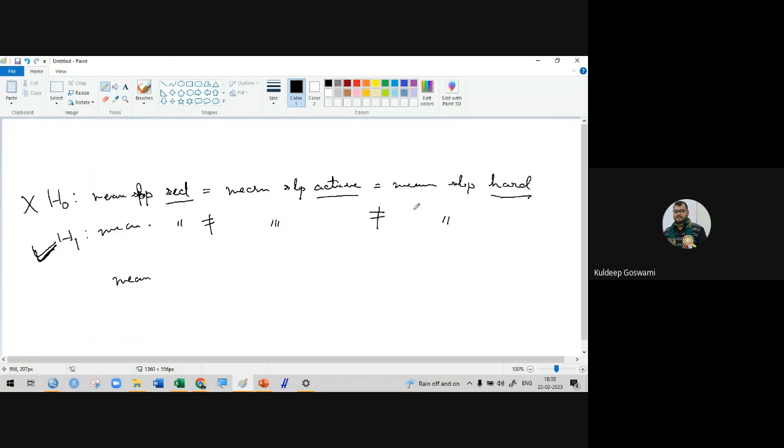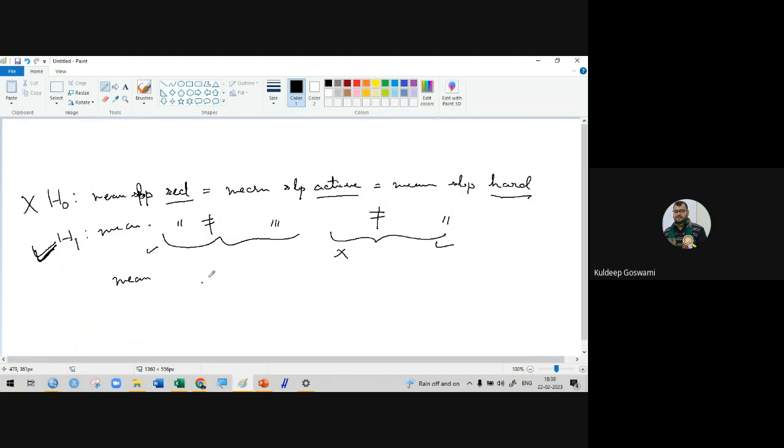heavy work respondents. Now we want to check whether this is true, whether only this is true, whether this and this are not equal, right? We'll get three conditions.